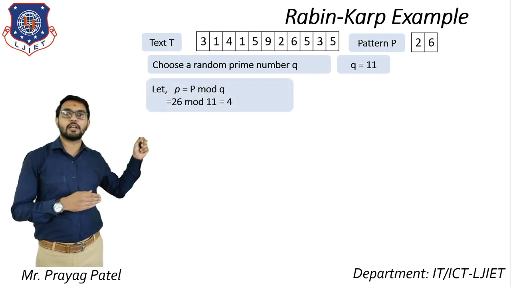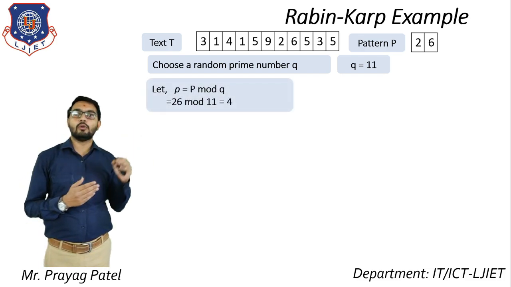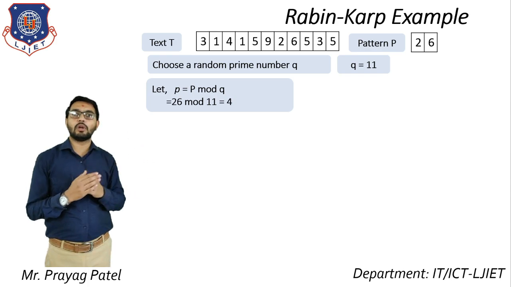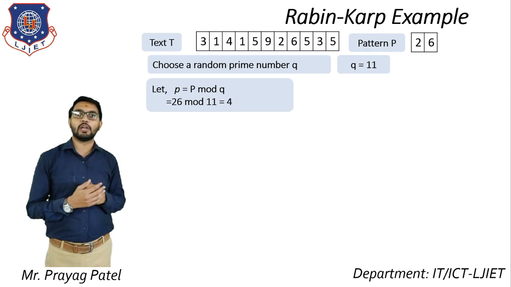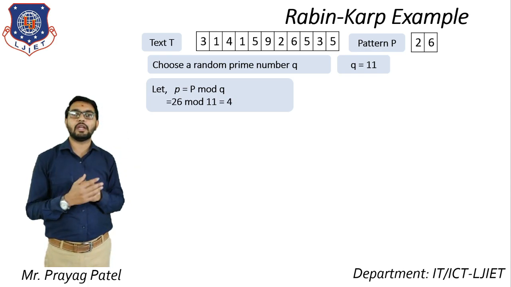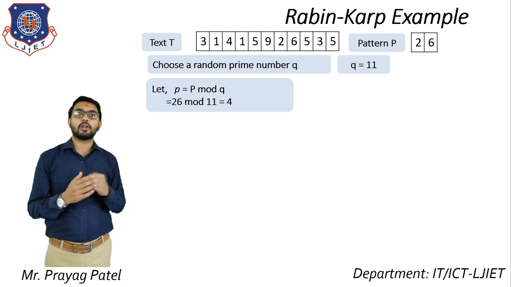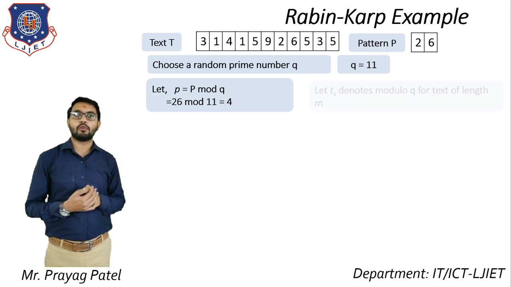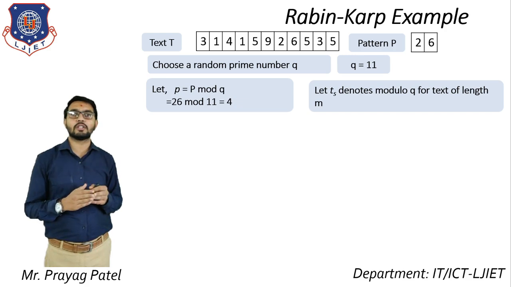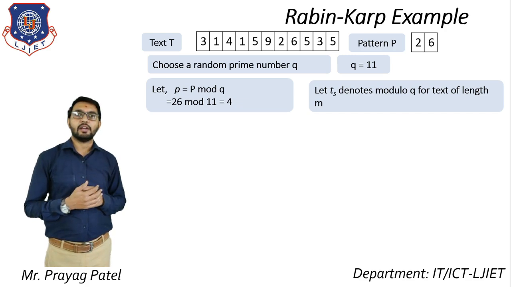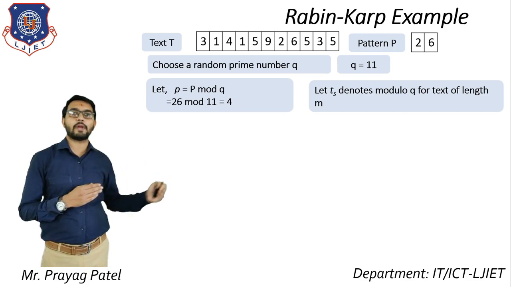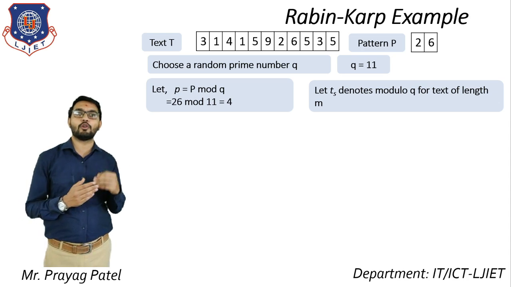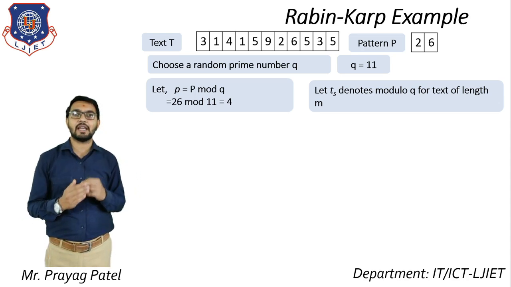So here small p equals P modulo q. Here pattern P equal to 26, q equal to 11. So 26 modulo 11 equal to 4. So your pattern's modulo is 4. Now t_s denotes the value modulo q for the text of length m.